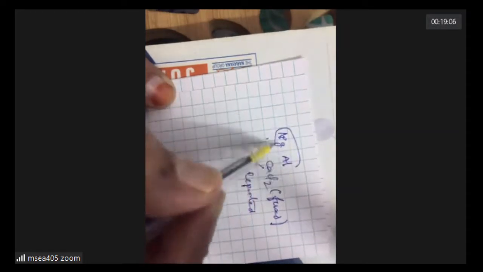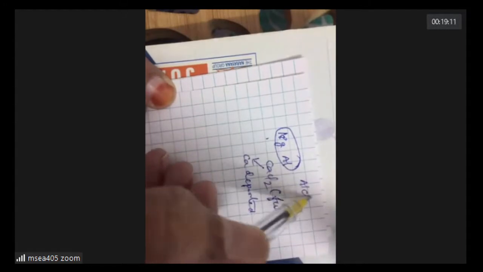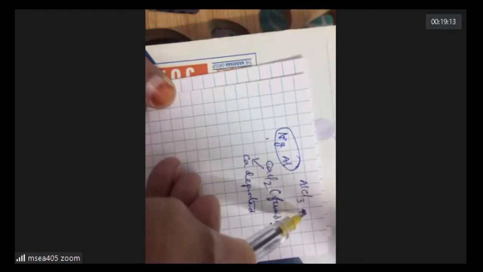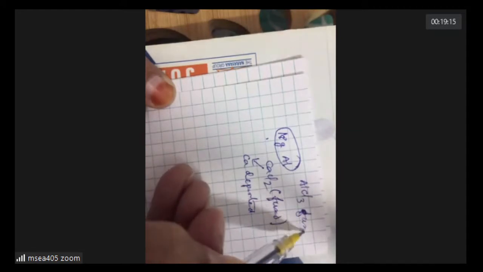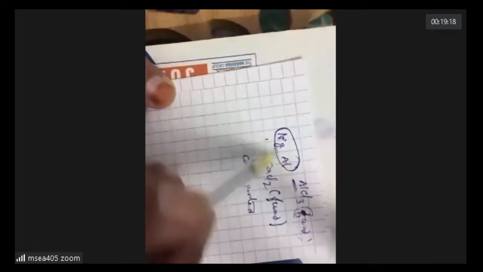So I got 18 grams of aluminum by passing current through fused AlCl3. Fused, I have molten it and passed current. I got 18 grams of aluminum.